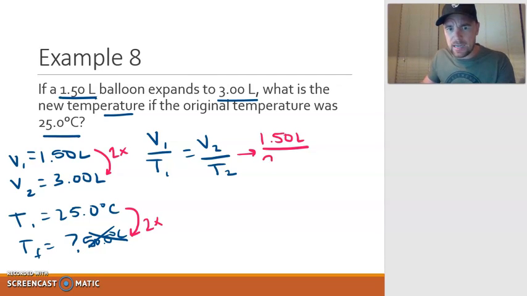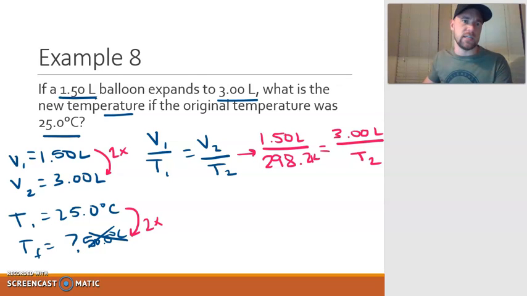And when I do that, I end up getting 298.2 Kelvin. Let me write that a little bit clearer. Sorry about that. There we go. Okay, and that's equal to our new volume. V2 expands to 3.00 liters. So the question then is, what is T2?